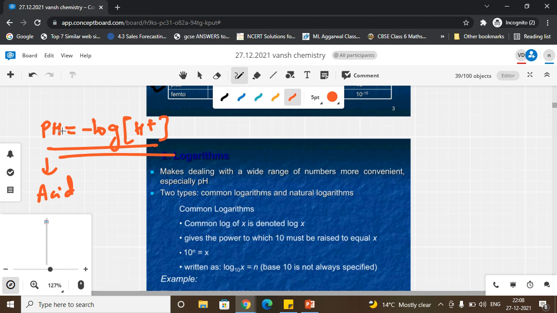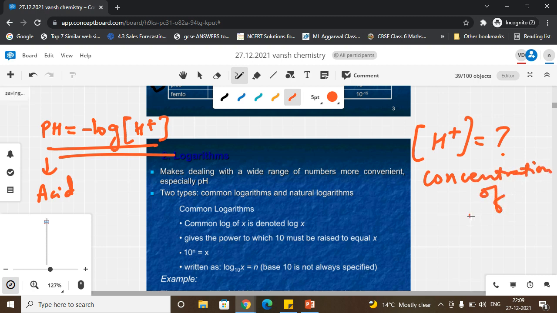But the most important thing here is, if I write H positive inside a bracket, it means the concentration of H positive ions, the molarity of H positive ions.